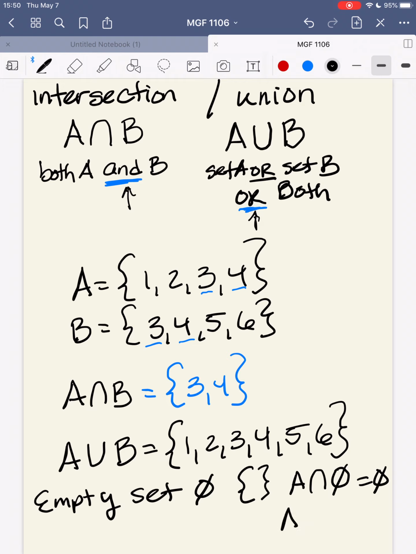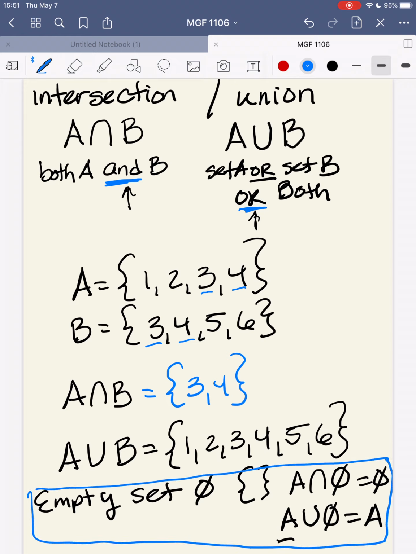If I have any set A union the empty set, it's going to equal A, which kind of makes sense because the intersection is empty because there's nothing in there. If I put them together, the empty set is empty, so all I have is set A. Okay, so make sure that you remember these little rules for the empty set as we go on and look at our next example.